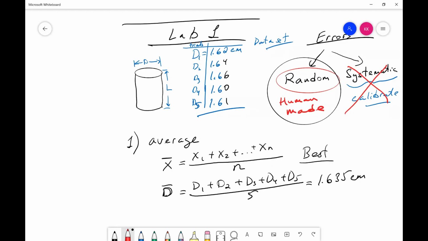All right, so here's what I have. Notice how many decimal points I have for my data set. How many sig figs? 3 significant figures. And how many decimal points? 2 decimal points and 3 sig figs. Yes. Now, what we do here is this. Remember, the average is not a data point.